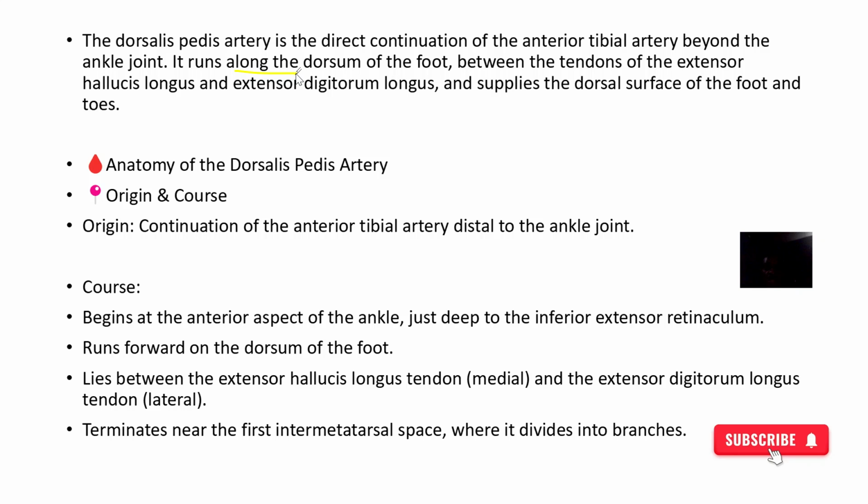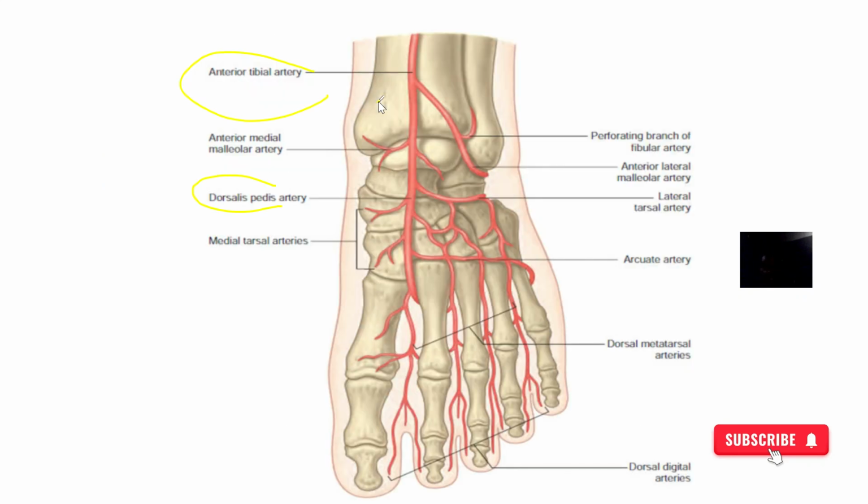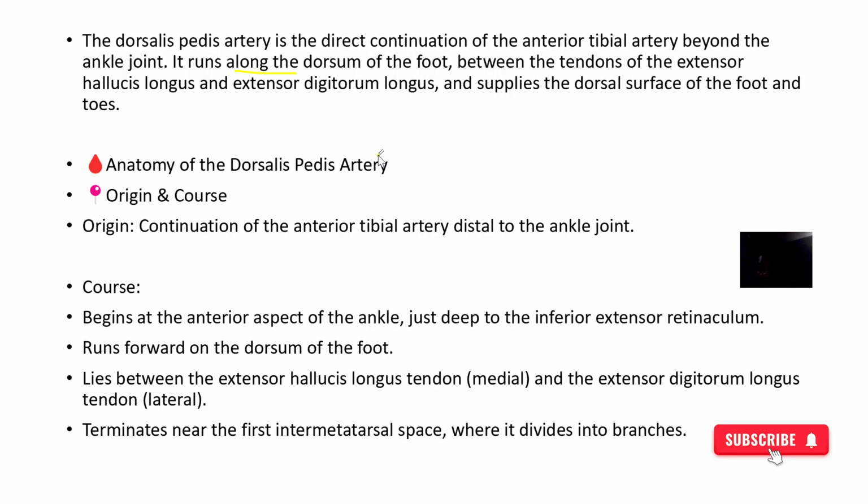So it runs along the dorsum of the foot between the tendons of the extensor hallucis longus and the extensor digitorum longus. Alright, you could see it better if we had a picture showing the muscles.